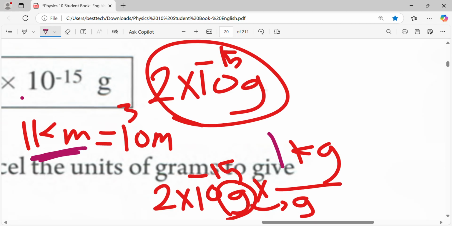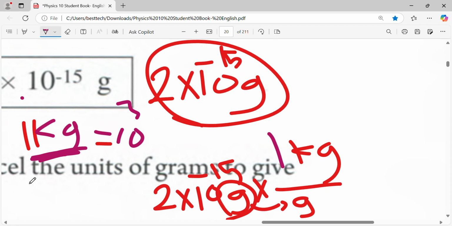Okay, 1 kilogram is equal to 1000 or 10 power 3 gram.